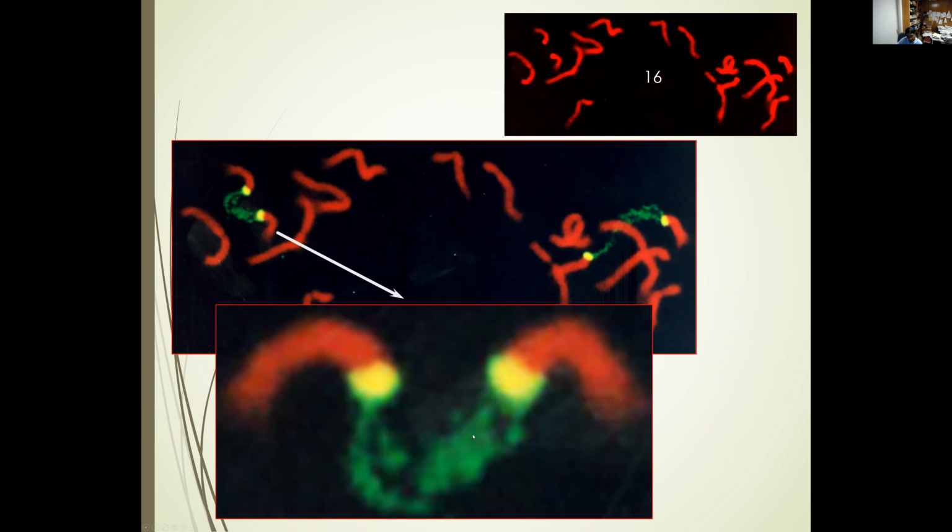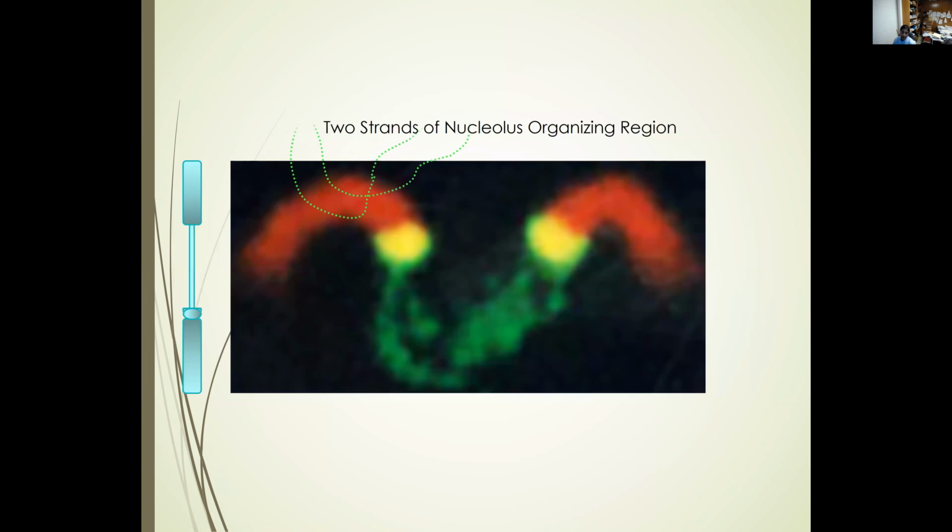You see the two strings of this NOR. I never found this in any species. I have been working thirty years in FISH. Look at this. I think you're seeing it, believing it. It's two strands attached to the base of the origin of the 35S, and the centromeric position is somewhere here beyond that signal.